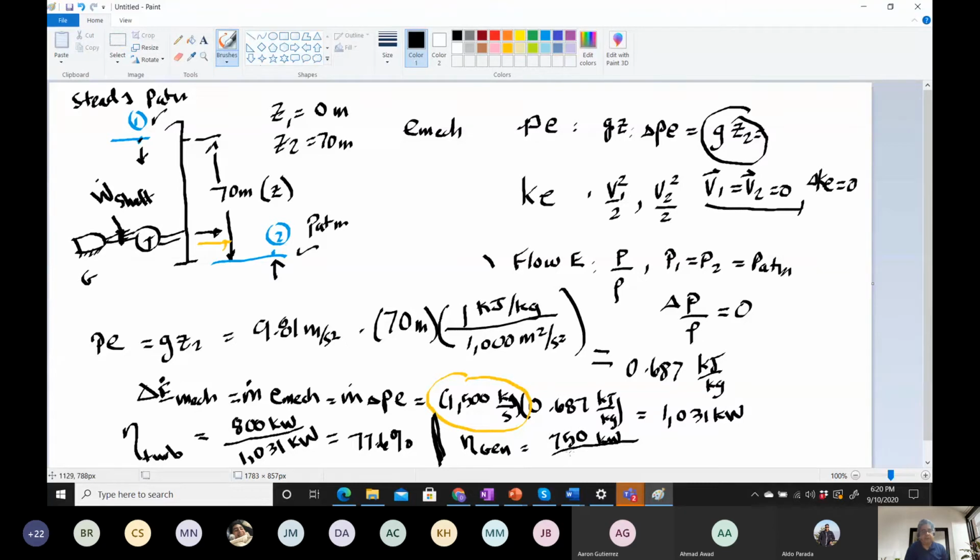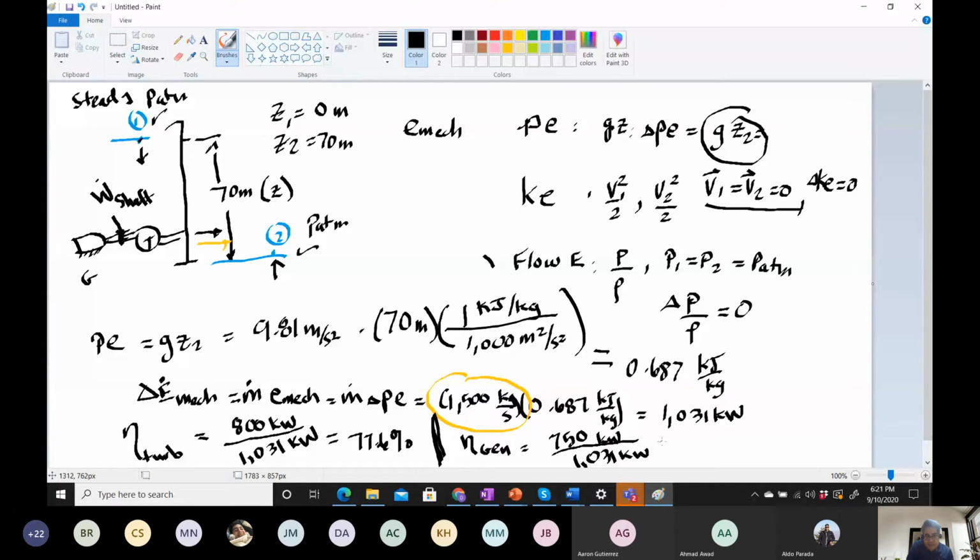In other words, if the turbine was 100%, it would transfer 1,031 kilowatts of shaft power to the generator, and if the generator was 100%, it would convert that 1,031 kilowatts of shaft power to 1,031 kilowatts of electricity. So the maximum potential of electricity is 1,031.